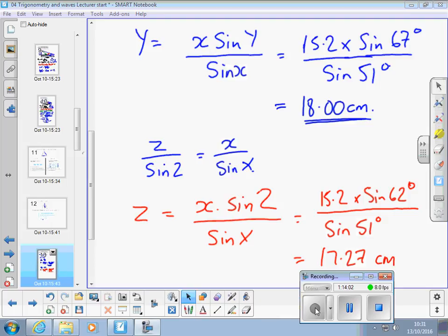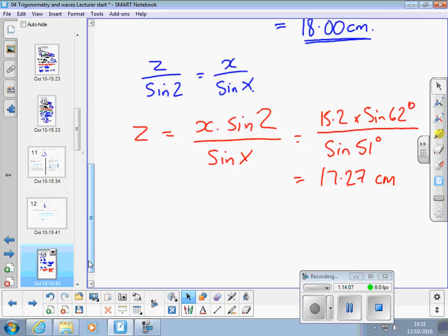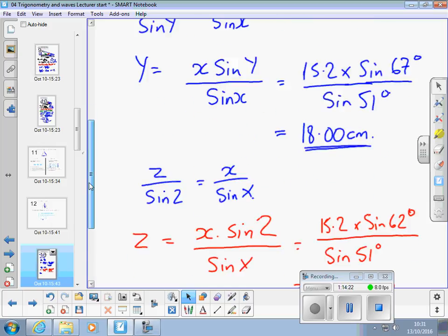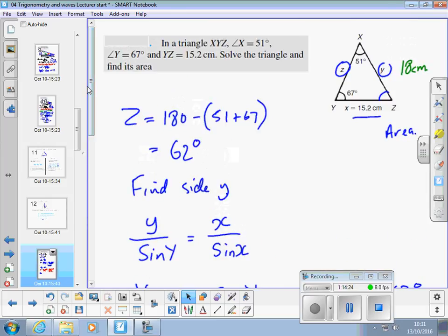Okay? So how can we find the area here? Can we find the area using the initial information given?